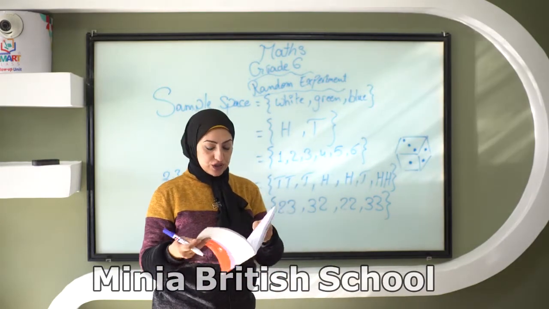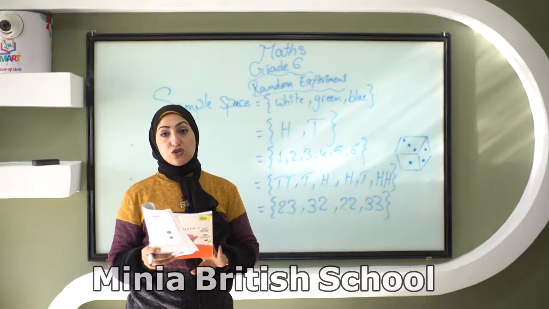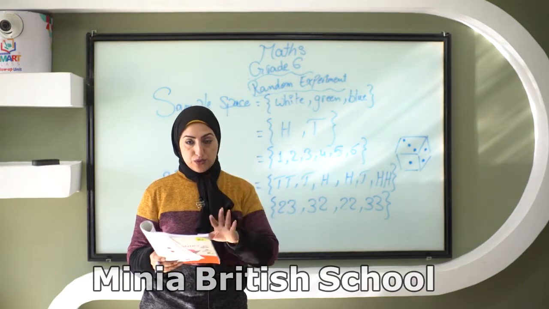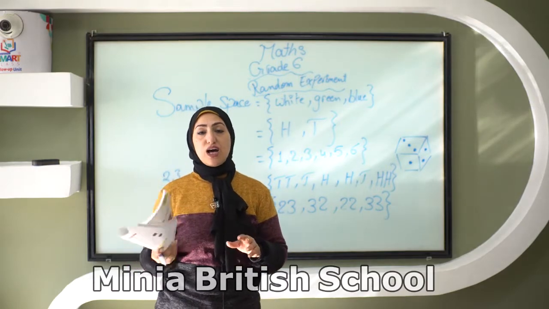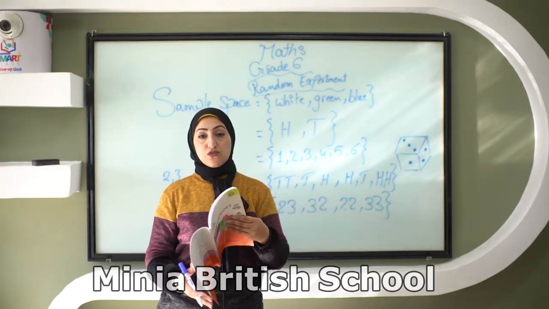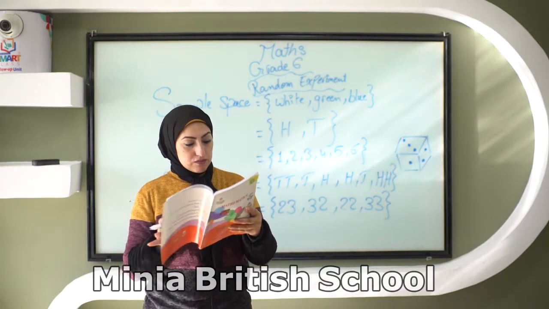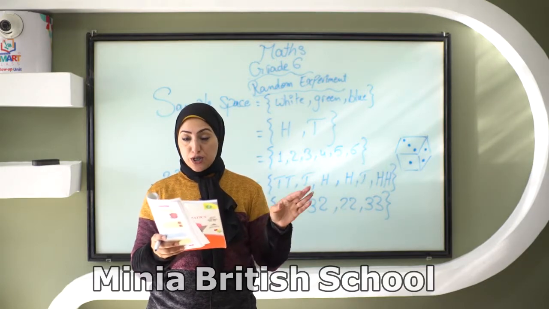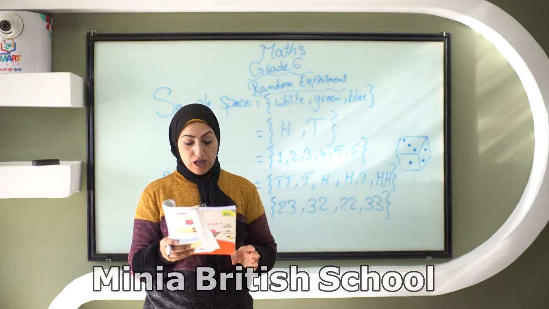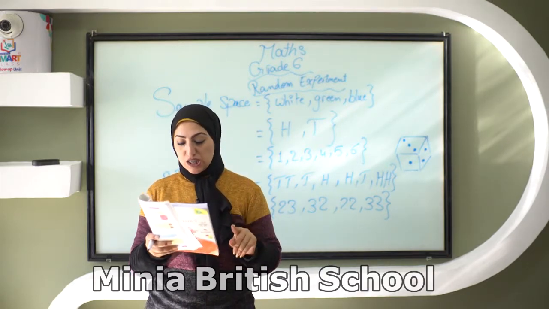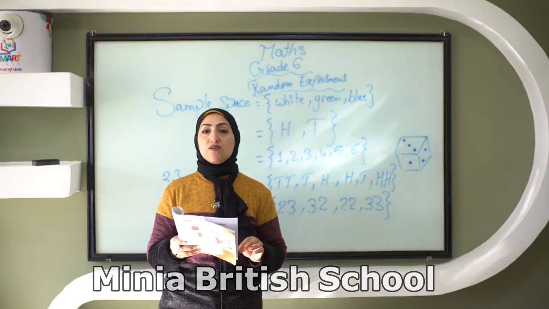In page 102, the exercises, I want to do them with you. For the random experiment, you have to write the definition: a random experiment is an experiment in which we can determine all its possible outcomes before carrying it out, but we can't predict with certainty which of these outcomes will occur when the experiment is carried out.